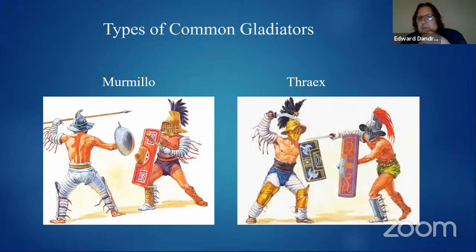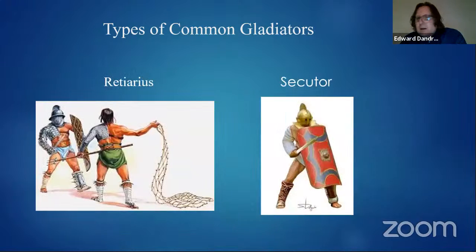The Thraex is defined by a smaller shield and a curved sword called, I believe, the sica. The Retiarius, most of you, if you've seen the movie Spartacus, this is one. It's a guy who has a fishing net and a trident.